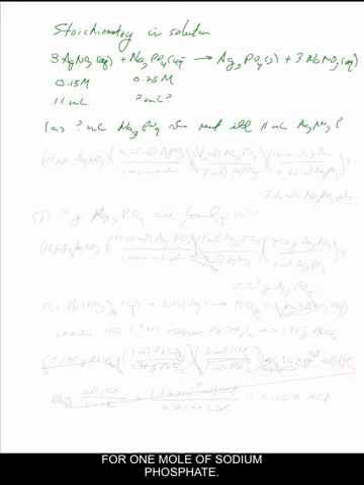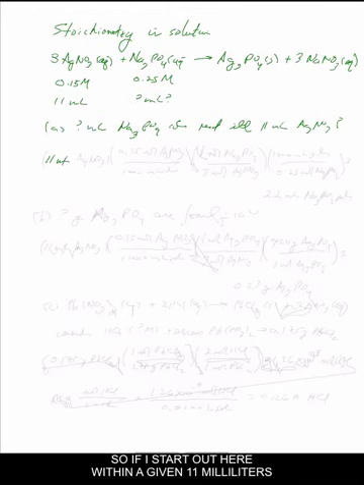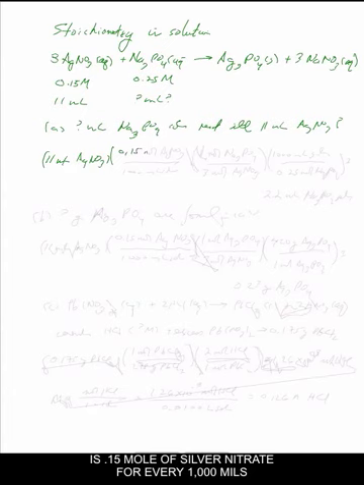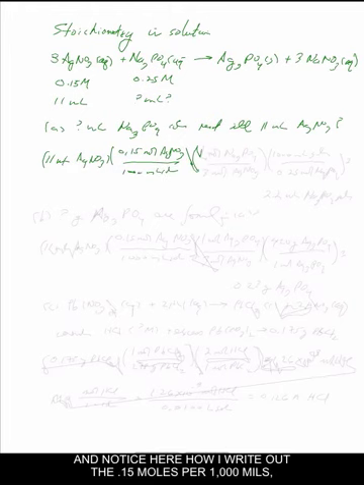Now, one of the important points here, of course, is to always pay attention to the stoichiometry. Notice it's 3 moles of silver nitrate for 1 mole of sodium phosphate. So if I start out here with a given 11 milliliters of the silver nitrate solution, and I just gave as an example here that my concentration is 0.15 mole of silver nitrate for every 1,000 mL of solution. Notice how I write out 0.15 moles per 1,000 mL.